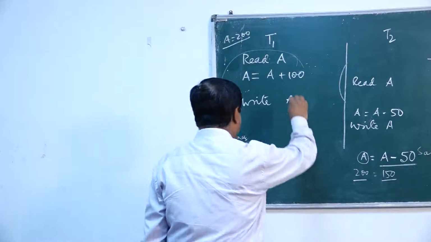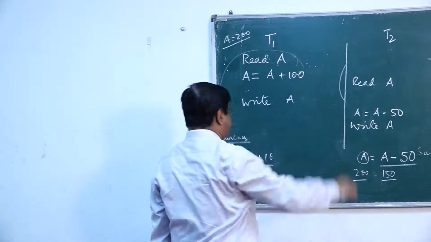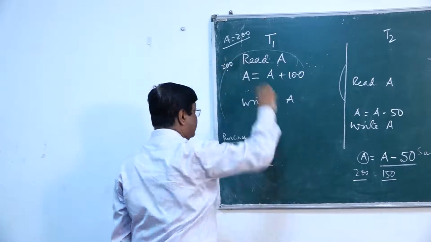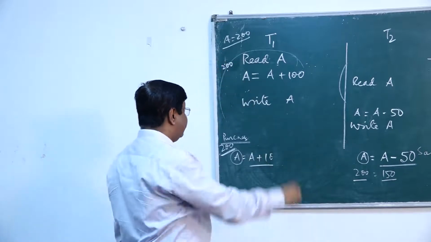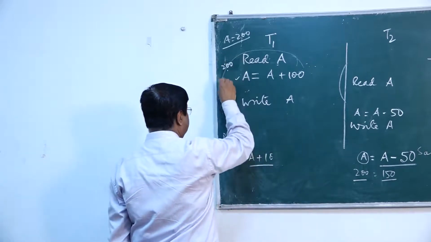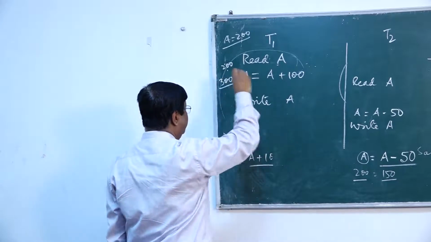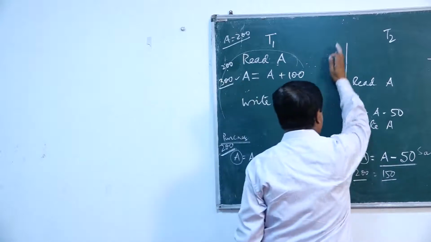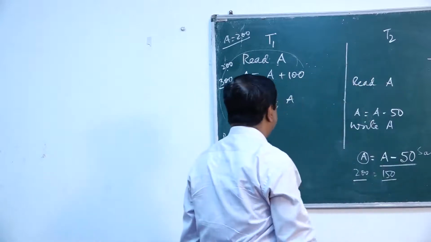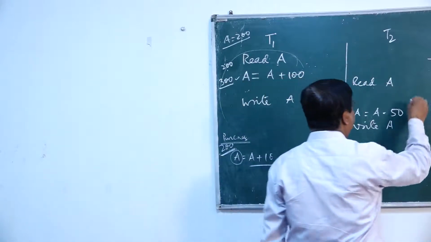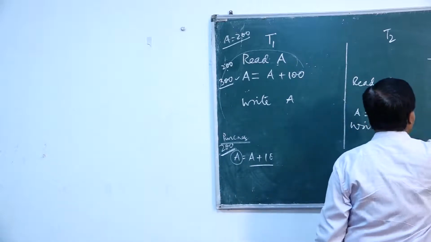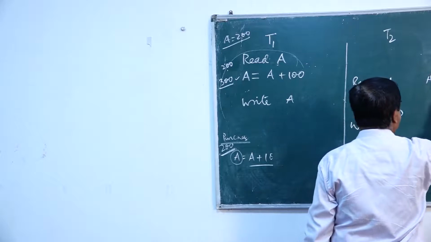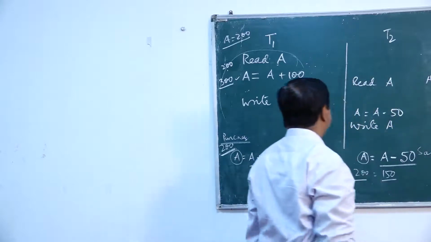See here, the value read by transaction T1 would be 200. After this statement, the value for A in the main memory would be 300. Then the processor comes to T2, reads A, and here A is read as 200.